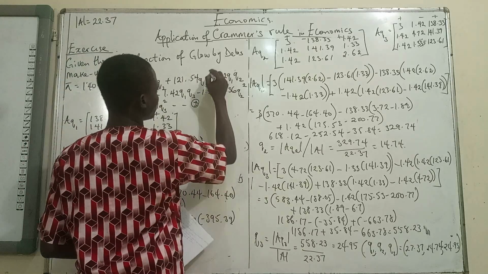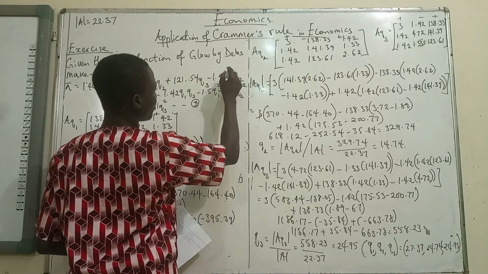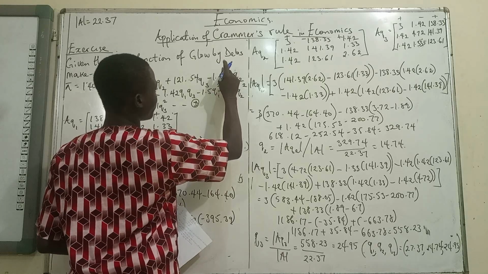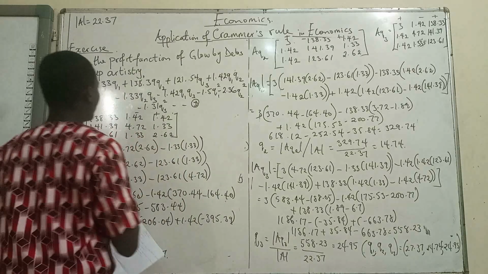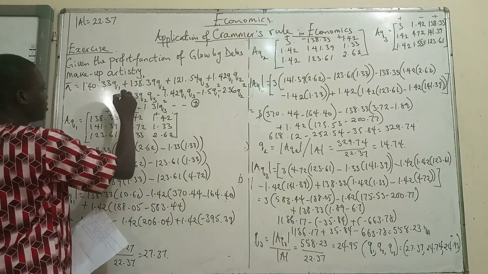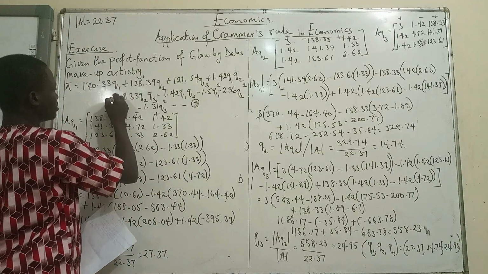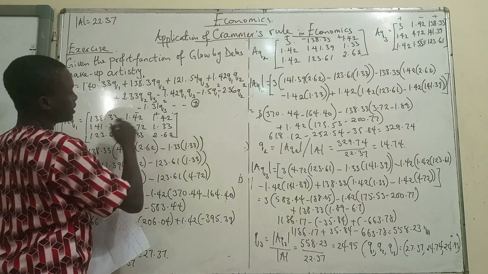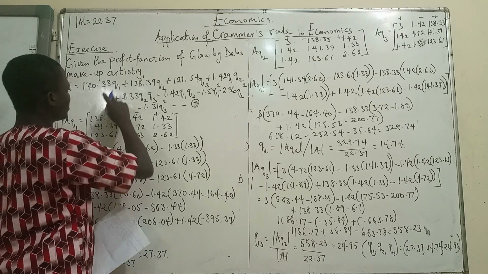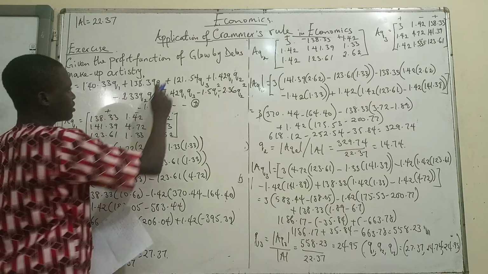This becomes minus 1.42. Let me change this to plus 1.42, and this becomes plus 2.33, whatever. Then let me leave it as the minus that was there initially.